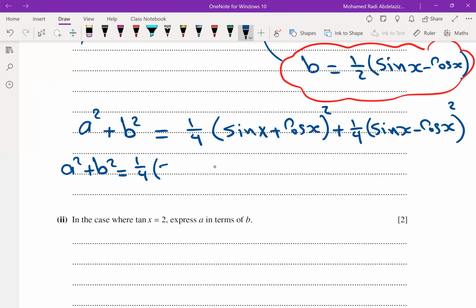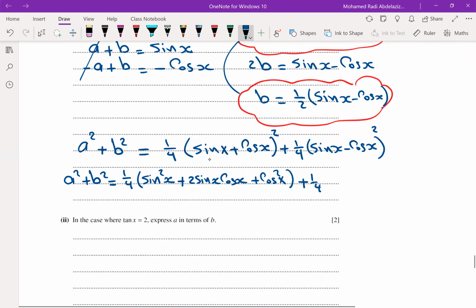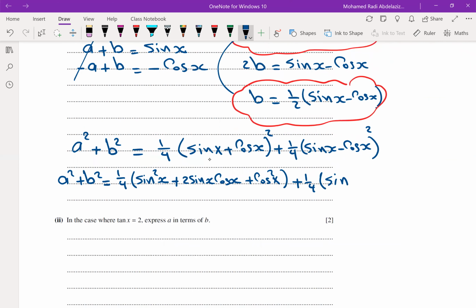Expand the power of 2, you will get first square: sine squared x plus 2 sine x cosine x, then plus cosine squared x. Same, a fourth, and simplify, this part will be sine squared x minus 2 sine x cosine x plus cosine squared x.